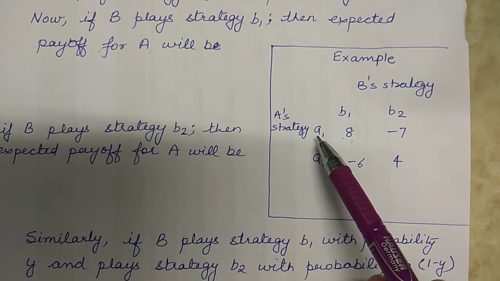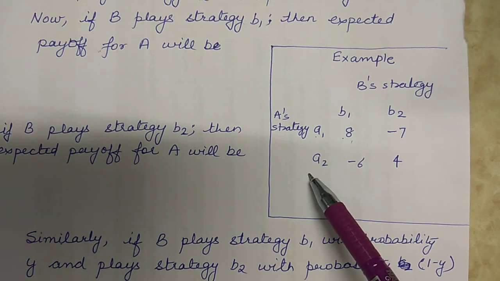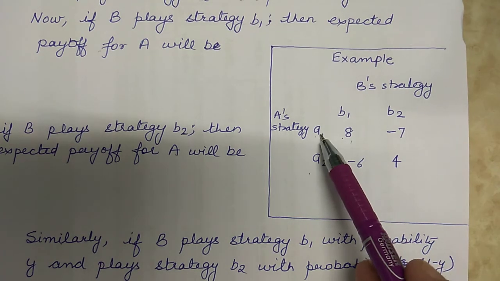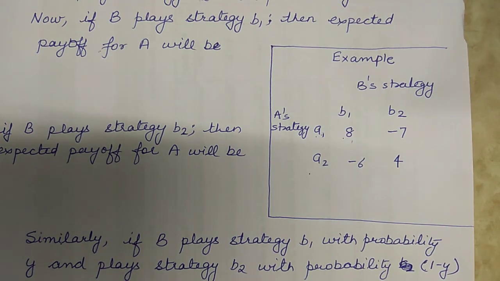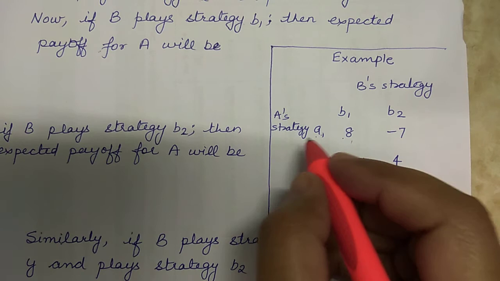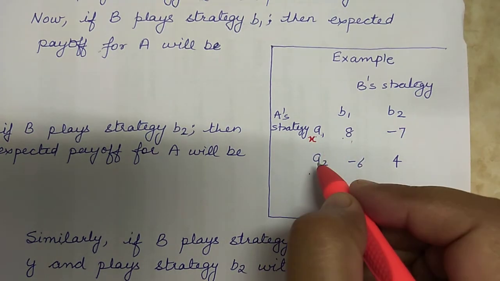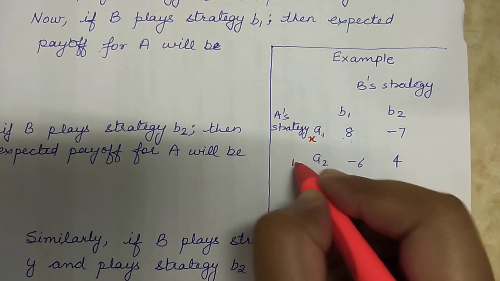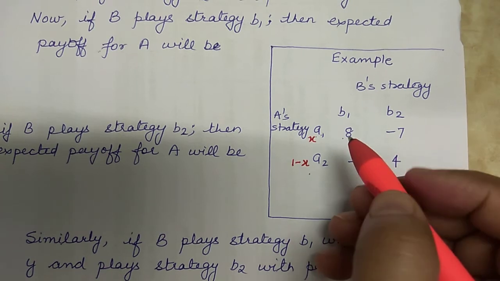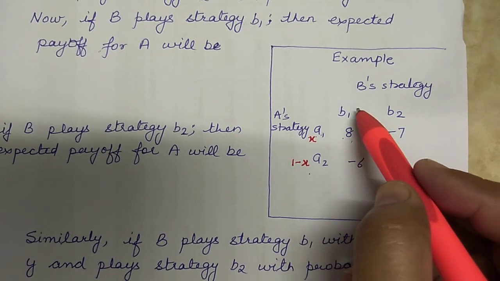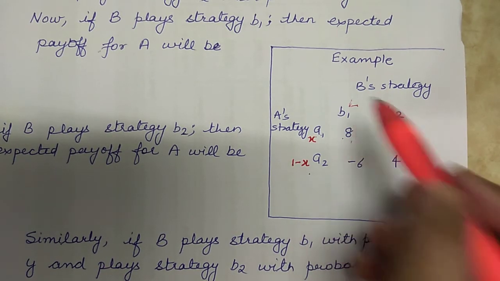We are assuming that A is choosing A1 as well as A2, and the probability that A chooses A1 is X, and the probability that A chooses A2 is 1 minus X. We are calculating the payoff if B chooses B1.